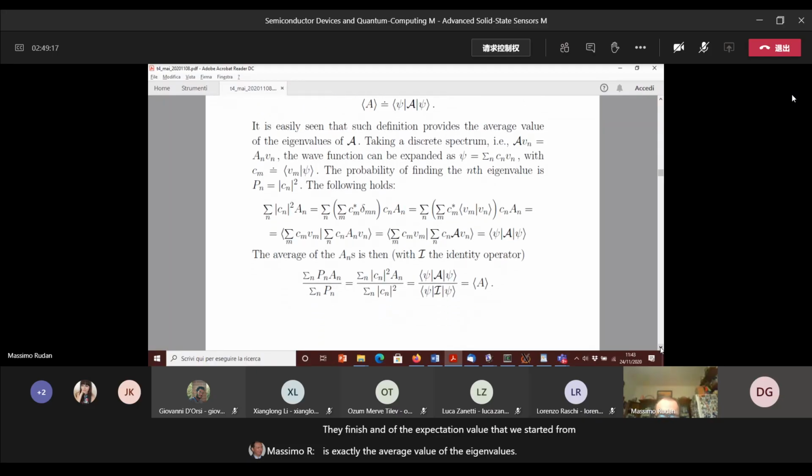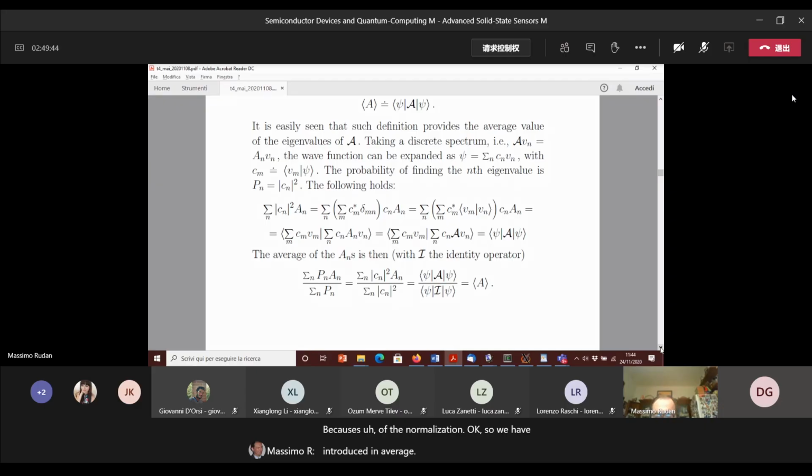And the last line repeats the definition of average using the symbol P instead of using the square modulus of Cn, and using also the denominators, but the denominators are equal to 1 because of the normalization.